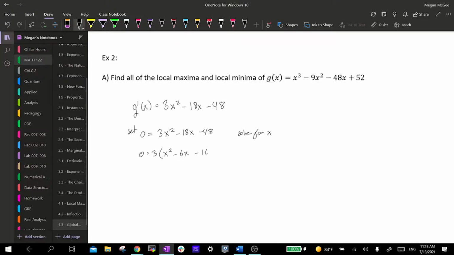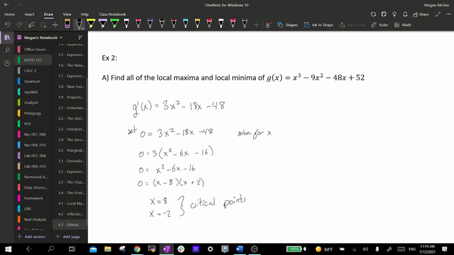If we divide through by 3, 0 remains 0 over here, and now we just have x squared minus 6x minus 16, which we want to factor into x minus 8 and x plus 2. So that gives us x is equal to 8 and x is equal to negative 2 as our critical points.